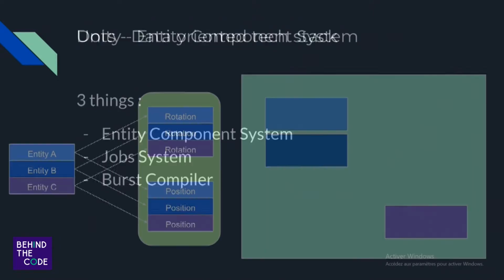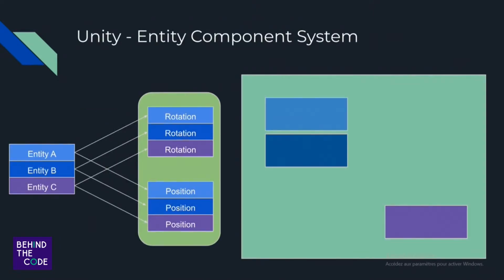First, we have the entity component system in DOTS, the data-oriented tech stack. The entity component system is composed of three things: the entity, which is an ID that points to some components. The components are organized in chunks in the memory, so there is a better organization and the access to the data is faster.